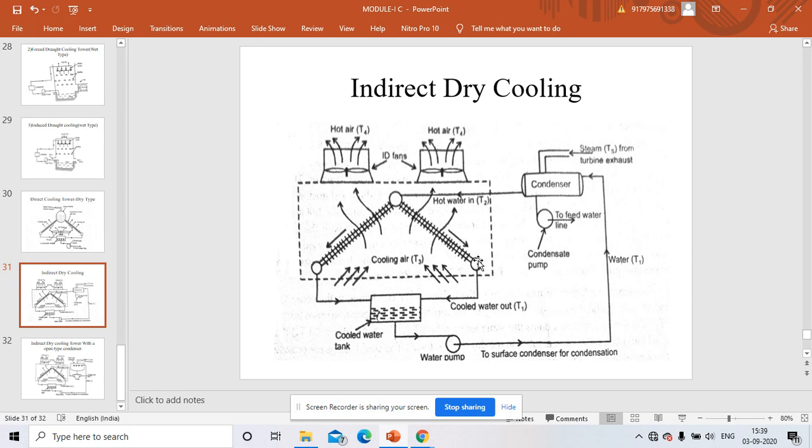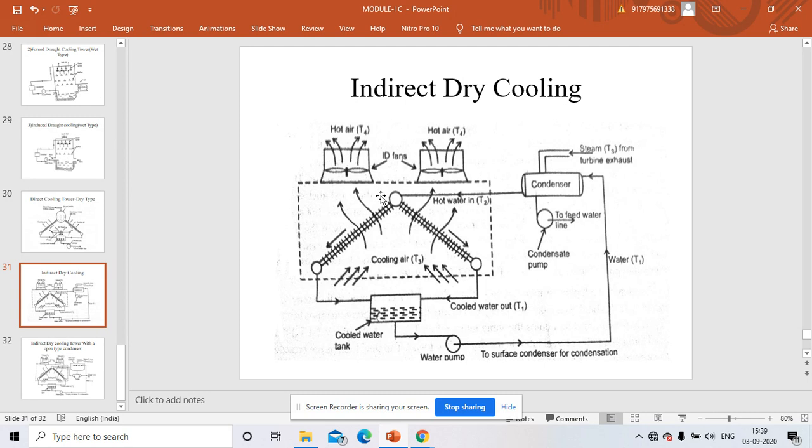Then that cooled water is stored in one cooled water tank, and it will be pumped to the condenser for the condensation purpose. So there is no direct involvement of steam here. Only to condense that steam, water is used, and that hot water is cooled by this system.